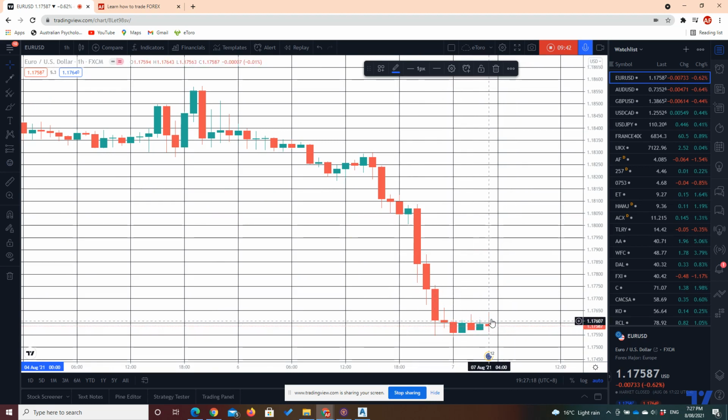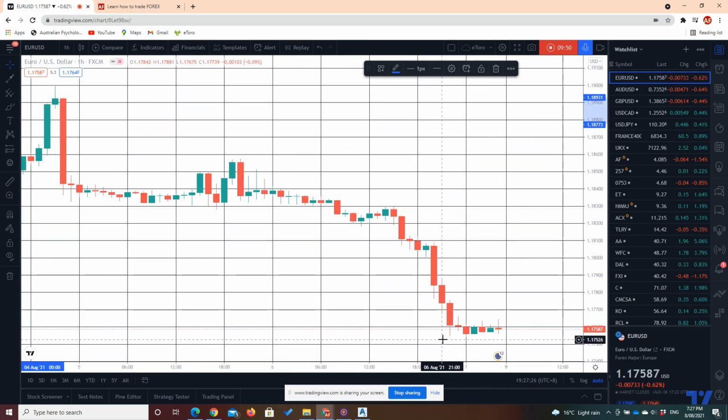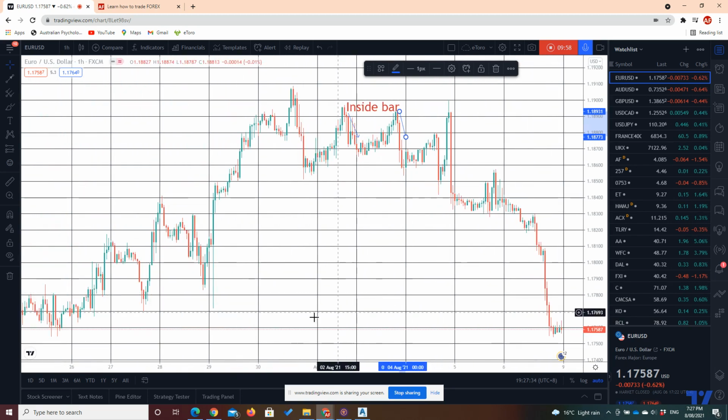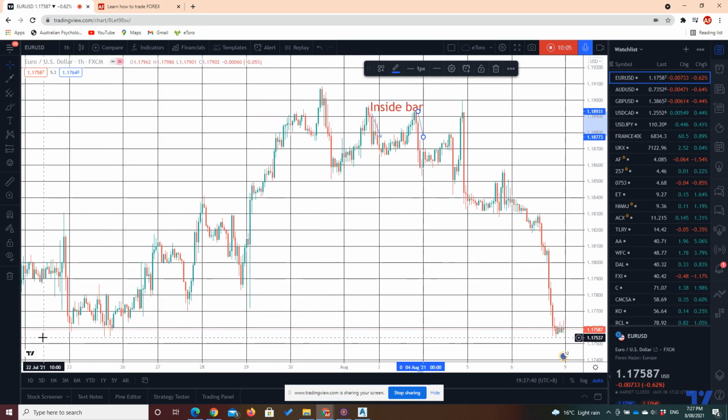Then you can just set a buy order here and put the stop loss somewhere, depending on what strategy you use to do the stop loss. Maybe look at the previous resistance levels. Here you can see very nice resistance at this point.